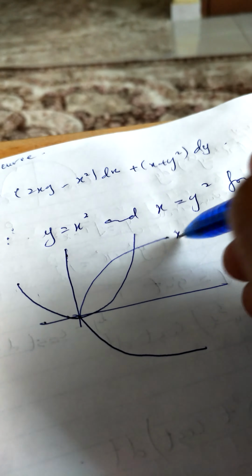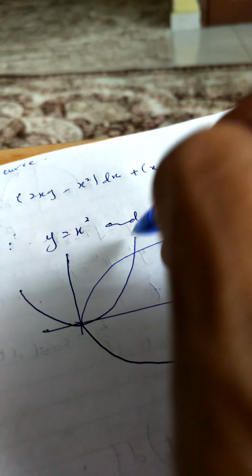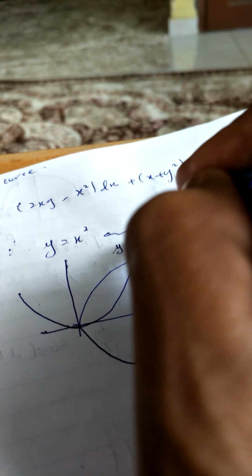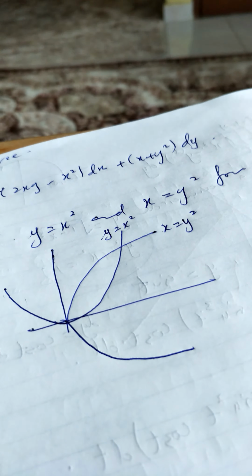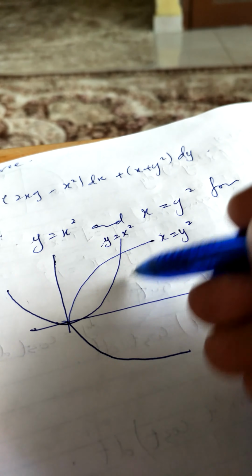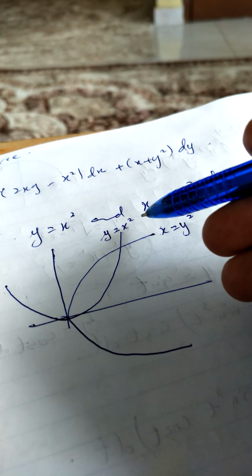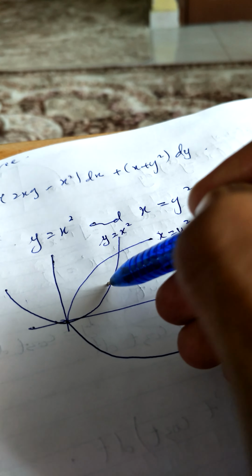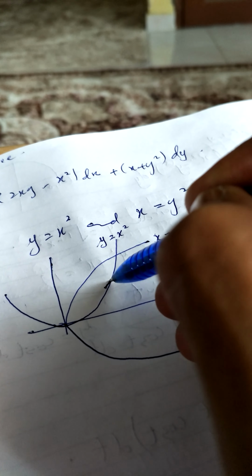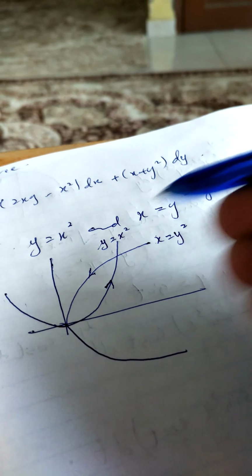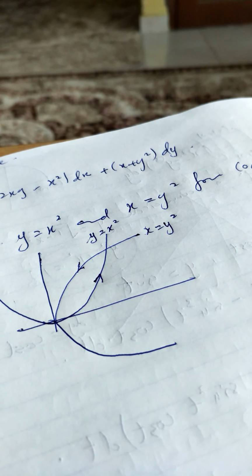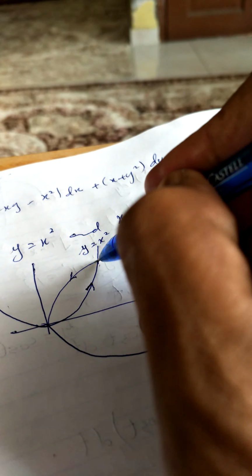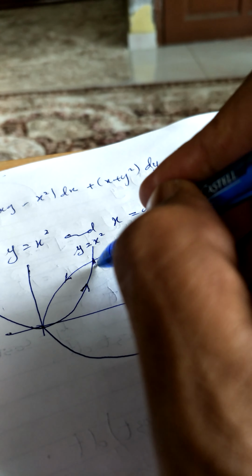So this is your C. We use counterclockwise direction. If not mentioned, then always use counterclockwise direction. If you solve those equations, you have this is 1, this is 1.